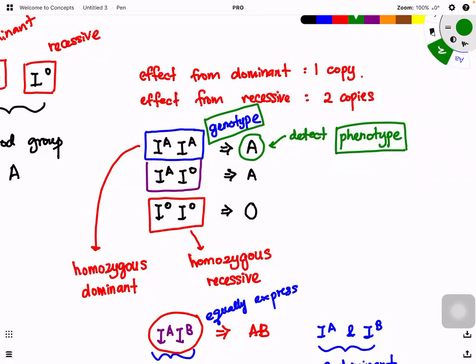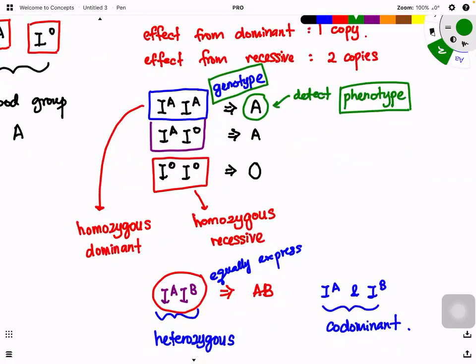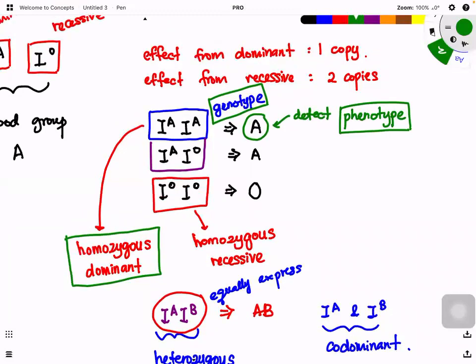It depends on the combinations. If both of them are the same allele, then we call the genotype homozygous dominant, if the allele is a dominant allele. How do you determine whether an allele is dominant? It depends on how it is expressed. If even with one copy, in a heterozygous condition, it can still express, then we know that allele is dominant.